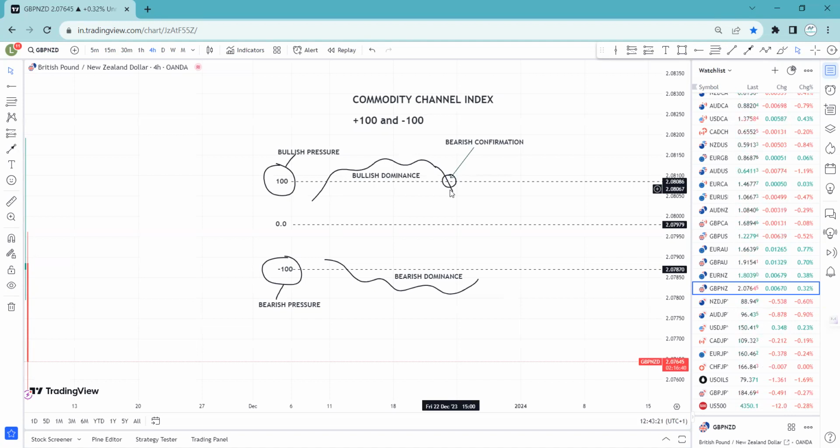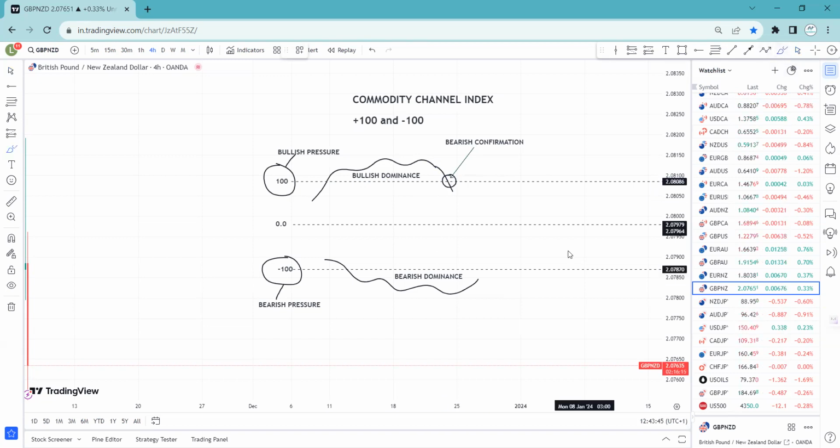Please note, prior to coming below positive 100, it must have gone above. It mustn't stay long, just like I drew here, but at least it must have gone up and come back below.